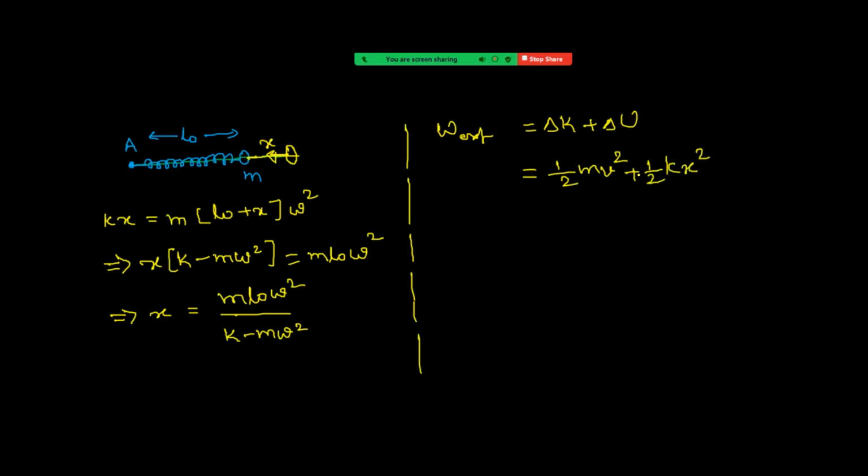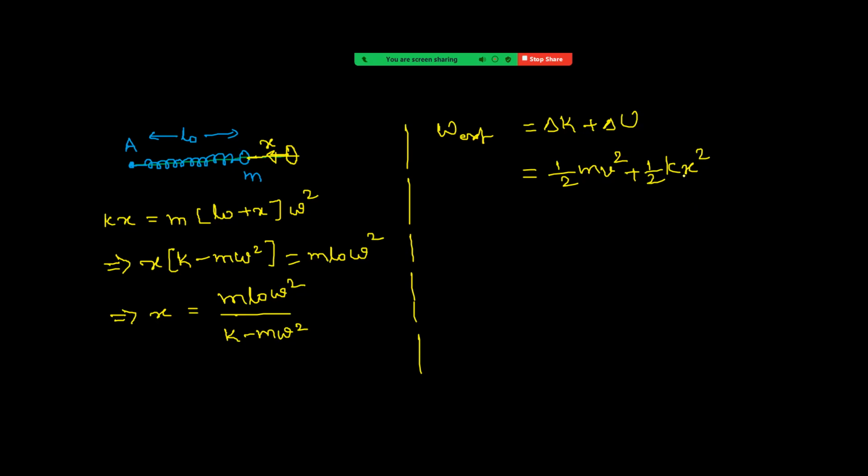That means if you think in terms of energy, there is a gain in the kinetic energy. Initially, there was no kinetic energy. Now, kinetic energy is there. Initially, no elongation, no compression, means no spring potential energy. Now, spring potential energy is present. So, sum of these two energies is because of work done by external force, right?